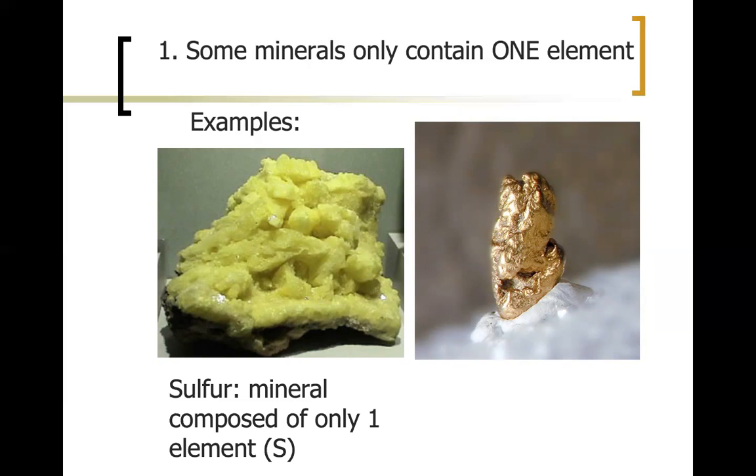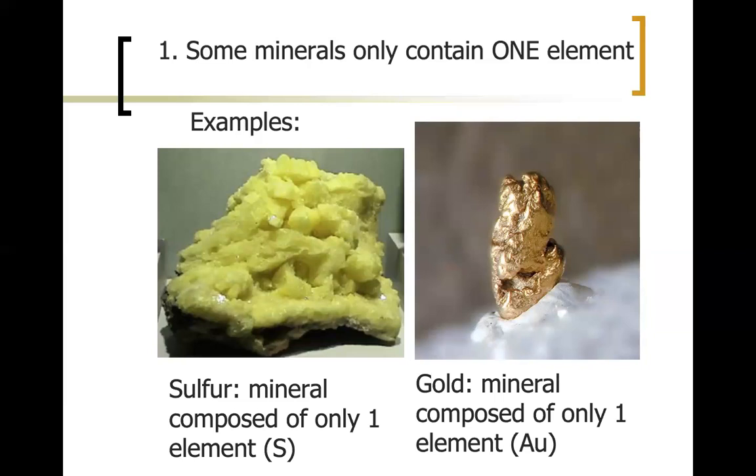And the other one on the right, not a lot of us have too much of this lying around, but you can probably guess that is actually gold. Again, it's an element, but it's also considered a mineral because we tend to associate minerals with things that have some sort of value to society.